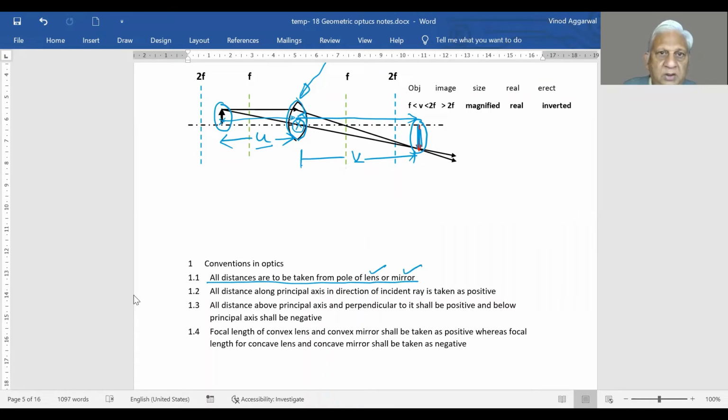Now, we cannot take any distance just like a geometrical distance.